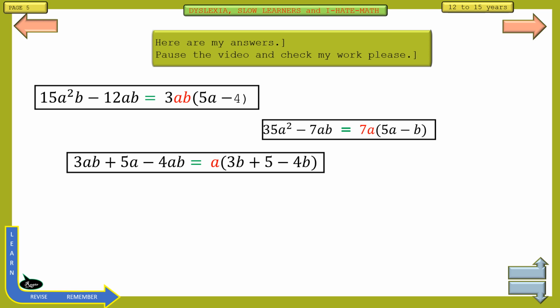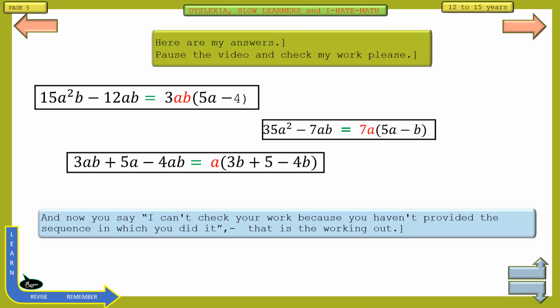In the next one, 7a times 5a gives you 35a squared, and 7a times minus b gives you minus 7ab. And the last one, a times 3b equals 3ab, and a times 5 equals 5a, and a times minus 4b gives you 4ab. I don't see there's any problem with that. It's a doddle really, isn't it?